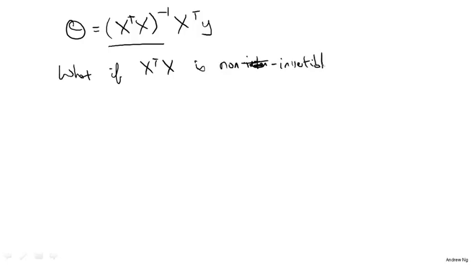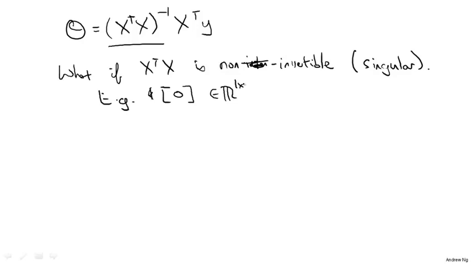A synonym for a non-invertible matrix is a singular matrix. As an example, if you have a 1 by 1 matrix that's just the number 0, then that's an example of a non-invertible matrix because you can't invert 0. So what if you call inv on X transpose X, and this turns out to be a singular or non-invertible matrix?